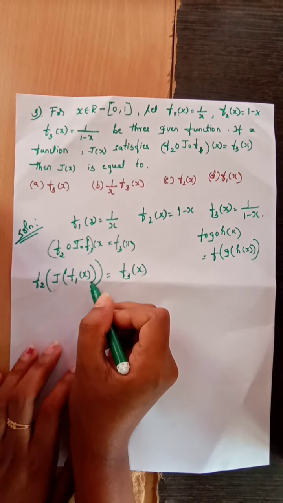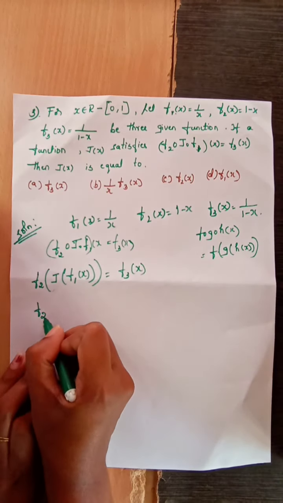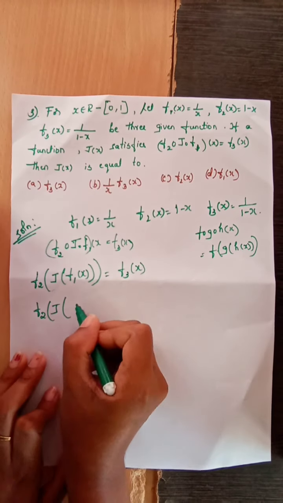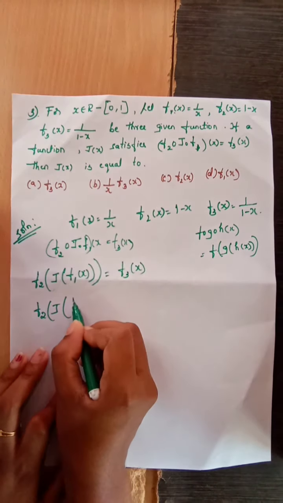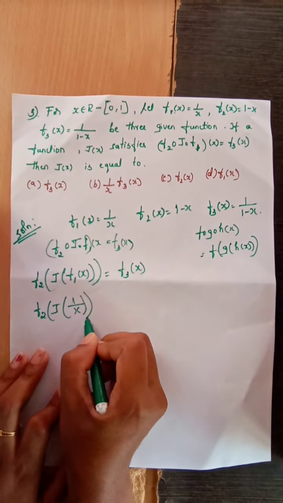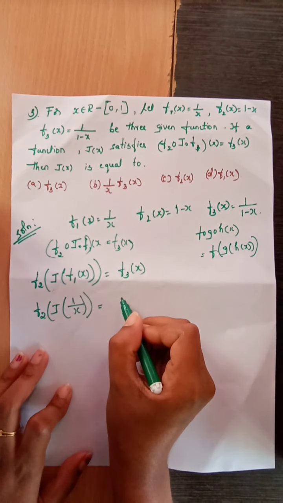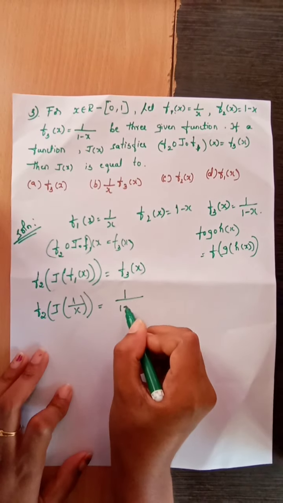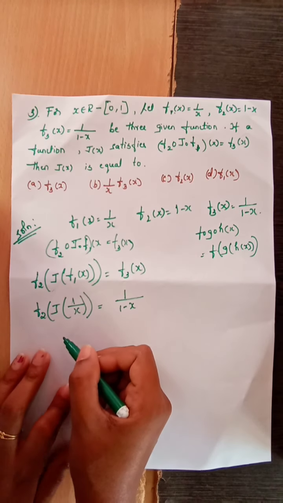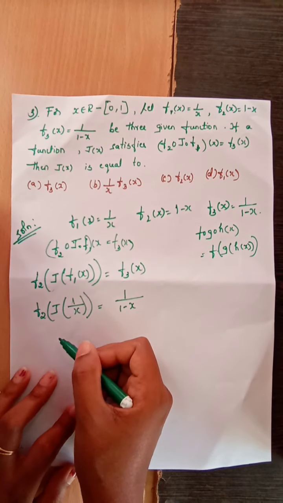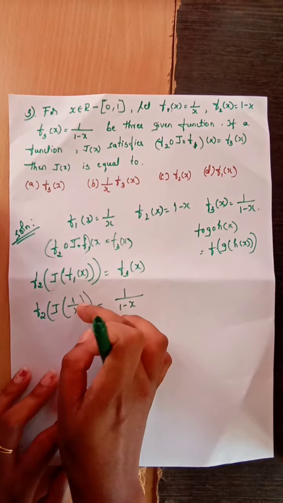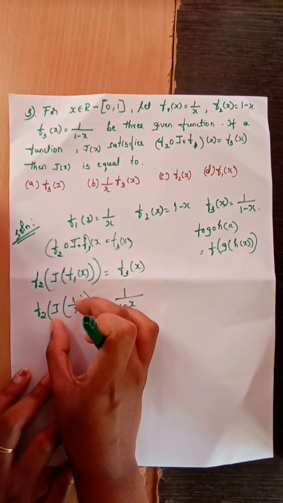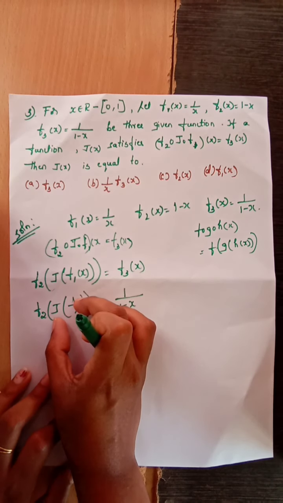Now whatever I know, I'll substitute. So f2 of j of, what is f1 of x? f1 of x is nothing but 1 by x, is equal to, what is f3 of x? It is 1 by 1 minus x. Okay. So next, what can be done? We know f2 of x is equal to 1 minus x, but we don't have the value for j of x.